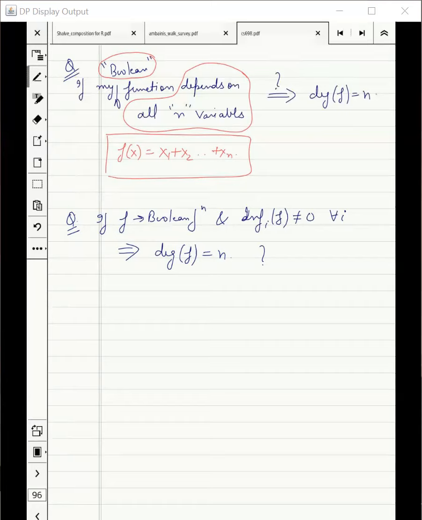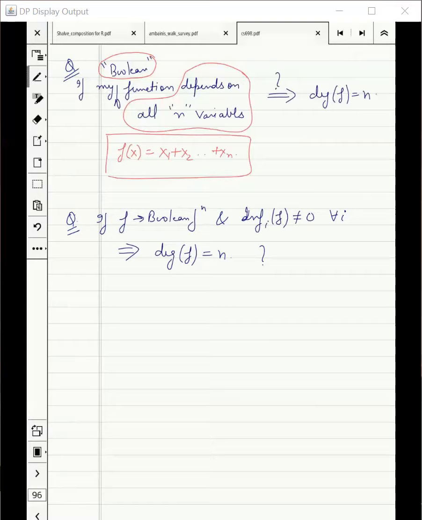So will that be a Boolean function? We can choose our f's like that. You haven't shown me such f's. Okay, just a conjecture. My claim is that no, you can't choose such f's. But you are going in the right direction.